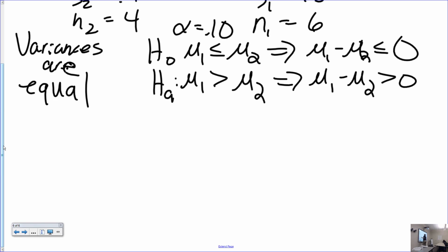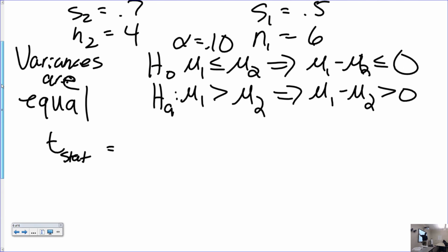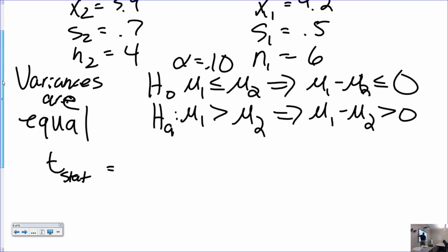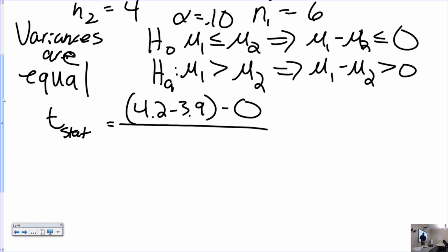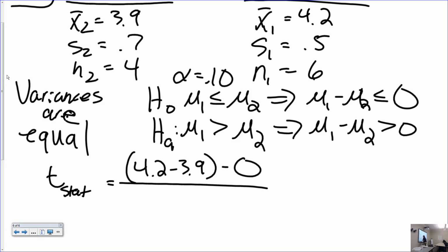Alright, so X bar 1 minus X bar 2: 4.2 minus 3.9. The difference between my mu's is 0 because of my Ho and Ha. And now the joy and fun of dealing with lovely square roots.